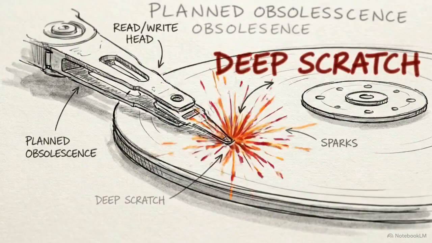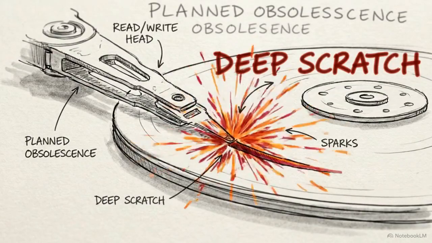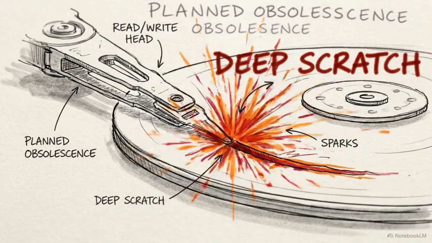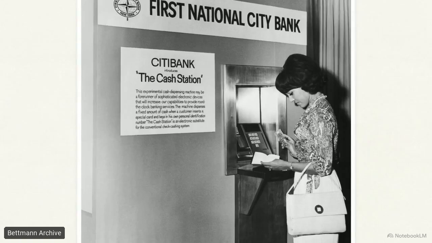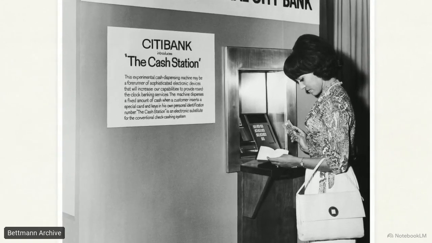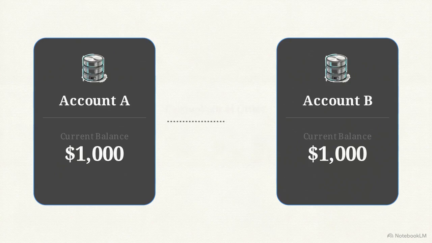One of the most significant flaws of a standard file system is its inability to survive a mid-operation hardware crash. Consider a standard banking transaction, transferring $500 from account A to account B. The system executes this transaction chronologically. First, the program reads account A and debits $500.